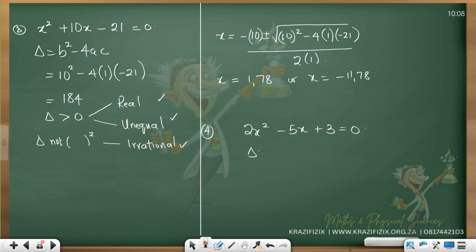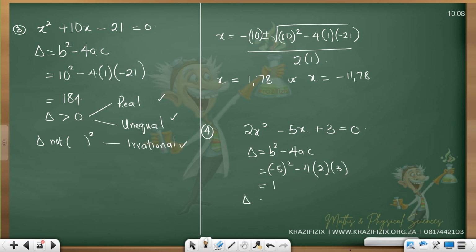What is my discriminant? B squared minus 4ac, negative 5 squared minus 4, 2, and 3. What would that be? What's our discriminant here? 25 minus 24. So this is 1.